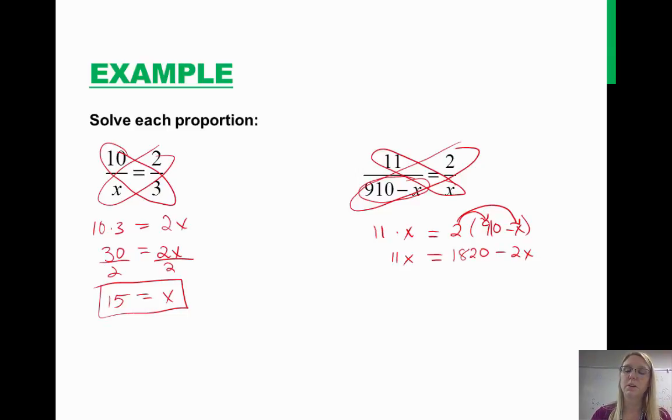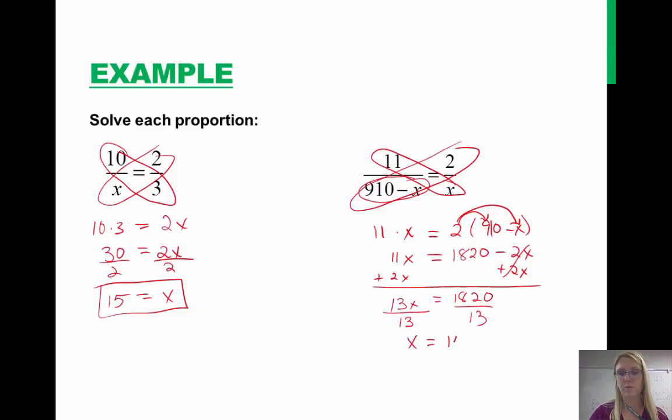We're not done yet because we need to get all of our variables to one side. So I'm going to add 2x to both sides. And now I have 13x equals 1820. We need to now divide both sides by 13. So let's check that on our calculator. We have 1820 divided by 13, and I have x equals 140. That is our answer for this one.